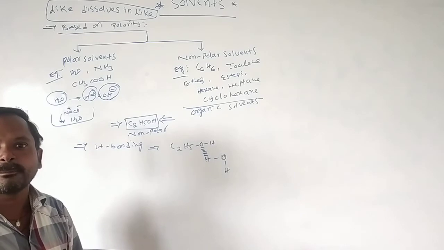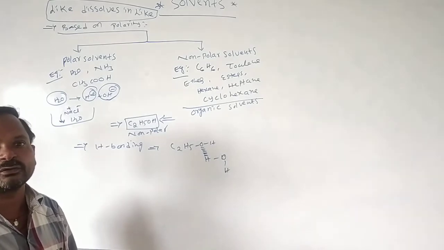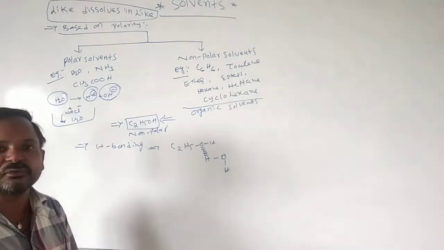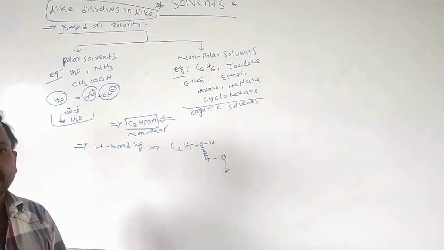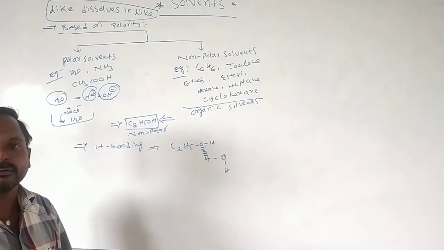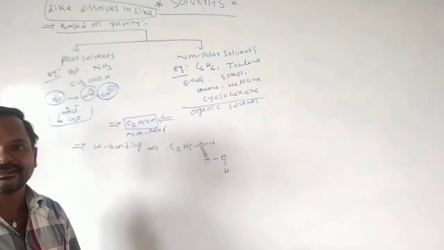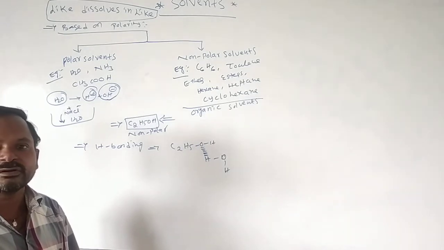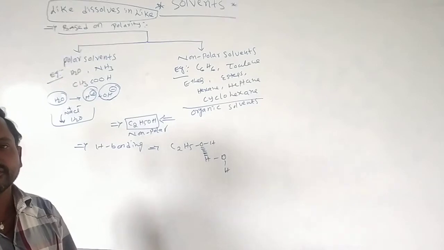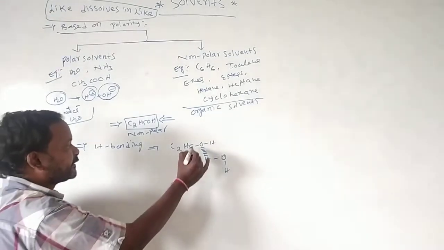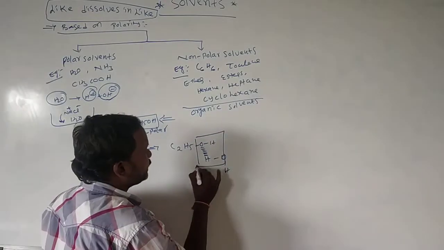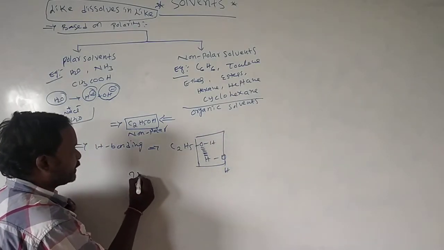Sometimes low molecular weight ethers are also soluble in water due to intermolecular hydrogen bonding. Lower aldehydes, lower ketones, lower esters, all lower molecules, most of the lower organic molecules are soluble in water due to only one reason, that is intermolecular hydrogen bonding.